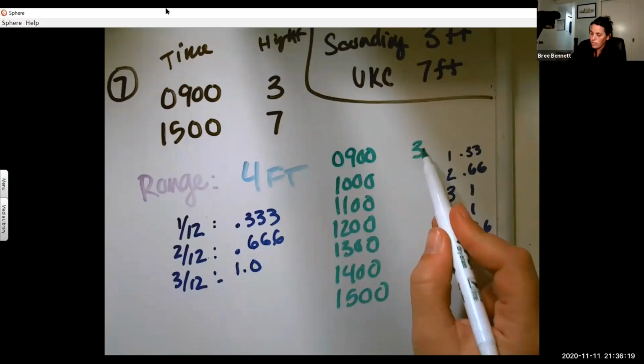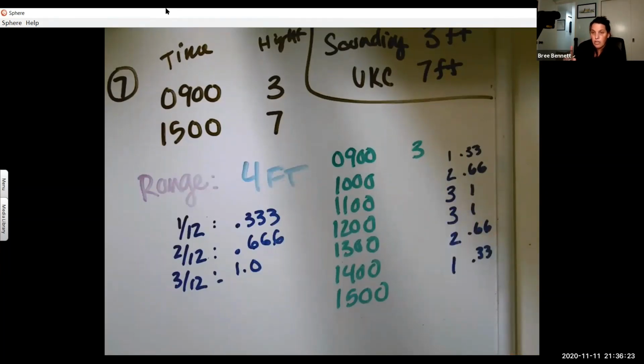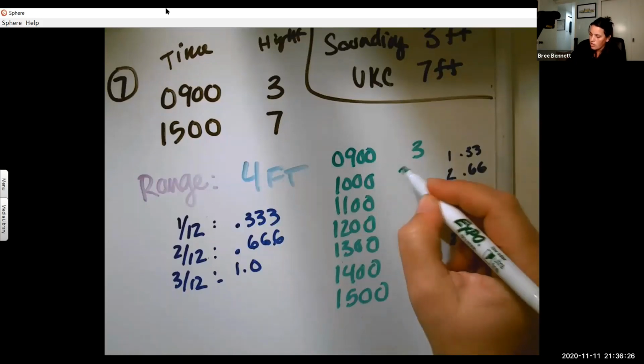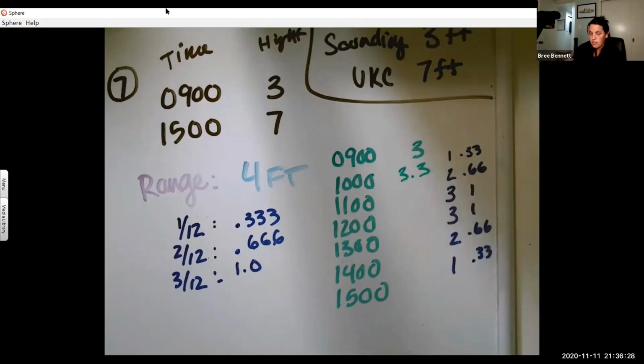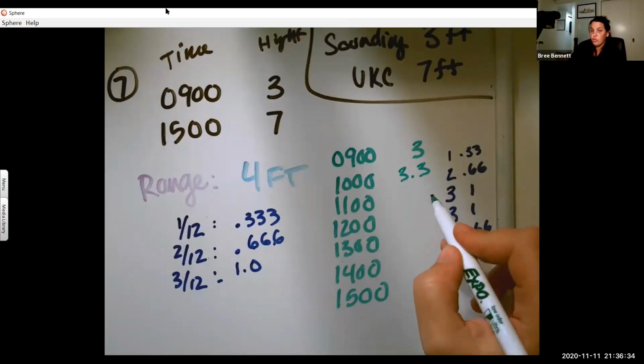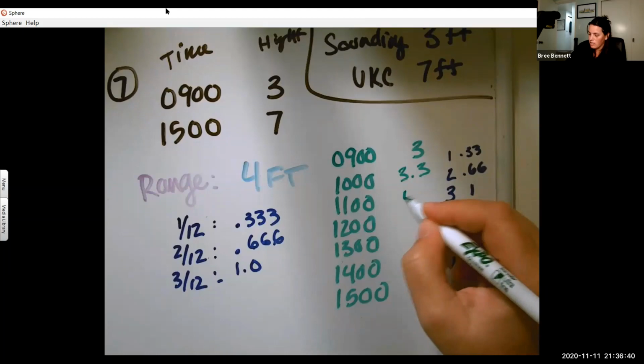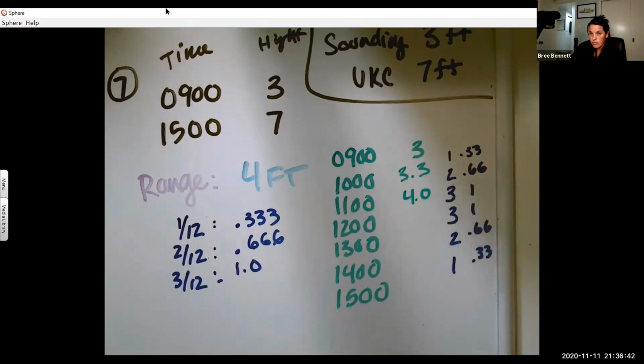So from 3 to the next hour, it's going to change 1/12, so I'm going to get 3.3 as my tide. Then I'm going to change 2/12, so that's adding 0.66, which gives me an even 4.0.